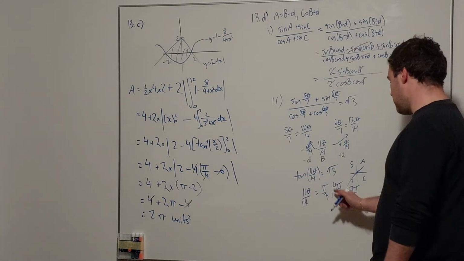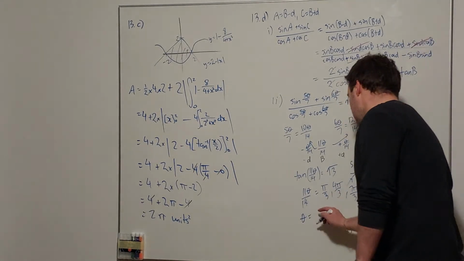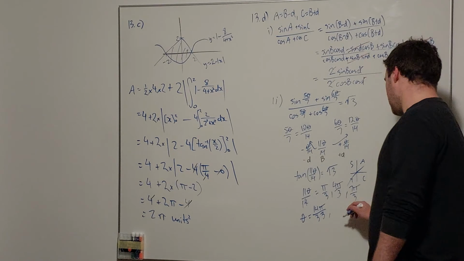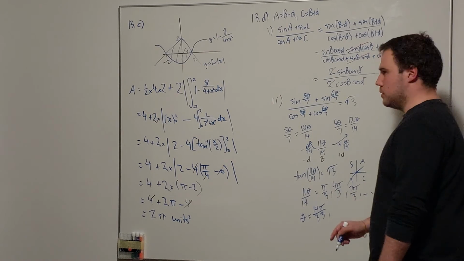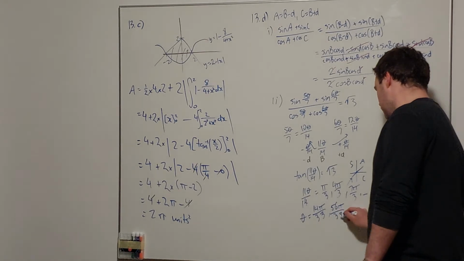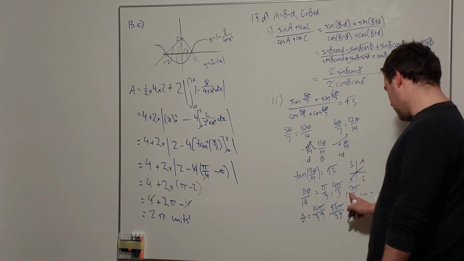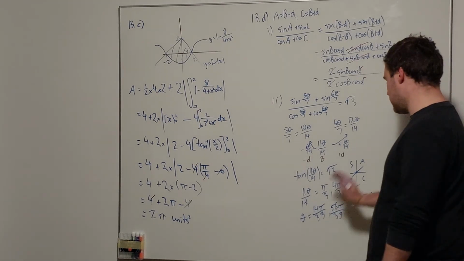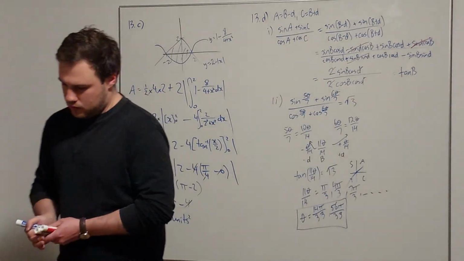Obviously we don't have to worry about negatives, but maybe the next rotation over. If we times this by 14, we're going to get theta equals 14 pi on 33, and 14 times 4, double and double again, 56 pi on 33, which is a bit less than 66, but 14 times 7 is going to be 98 on 33, so that's going to be past 2 pi. So these are our only two answers.